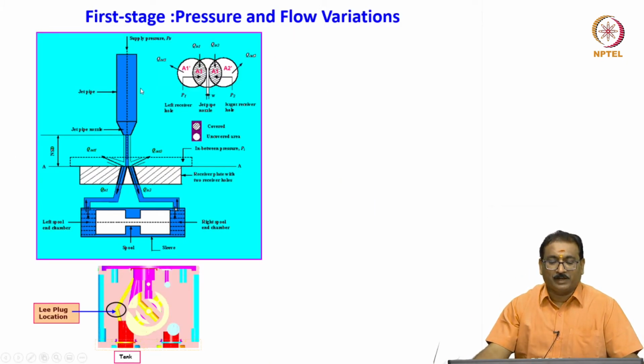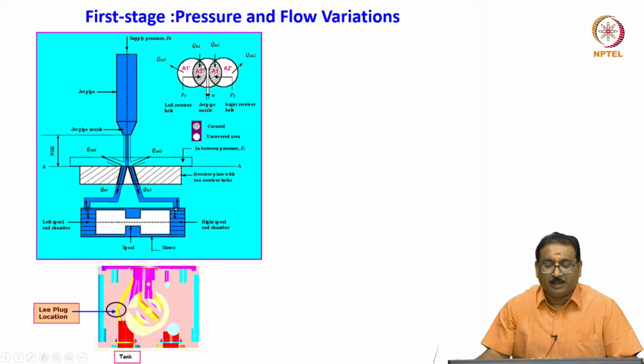Quickly you will see here, friends, I have shown you the jet pipe here, the receiver plate here, connected here. You will see here area modulation as I have shown you, A1 and A2. When the jet pipe is at the middle, A1 equals A2, and the spool will not move. The flow will come here as Q in 1 and go out through Q out 1. Here Q in 2 to Q out 2.